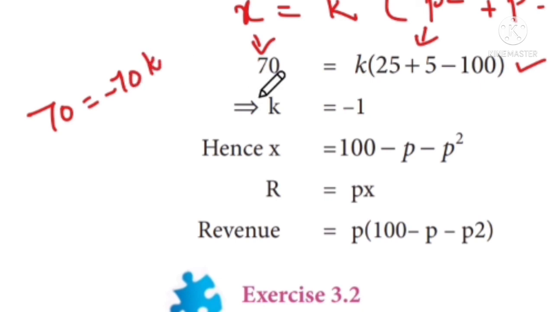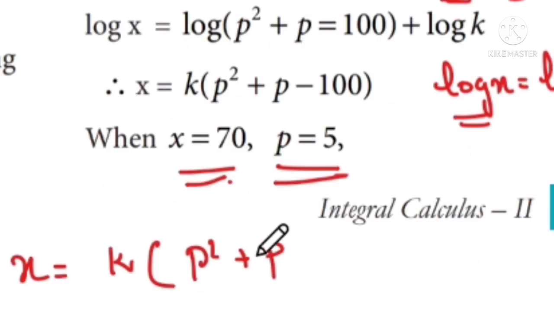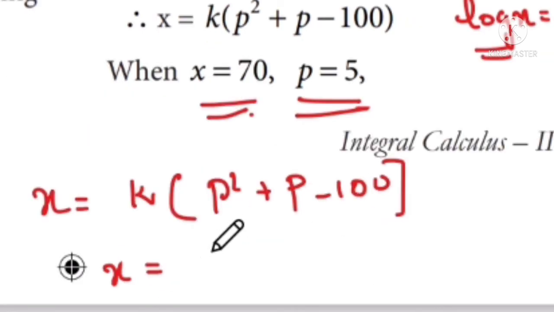So that k you put it here. What happens to the function now? The function is actually x is equal to k into p square plus p minus 100. You got the k as minus 1. So x is equal to, change the sign, so it will become 100 minus p square minus p, because your k is minus 1.